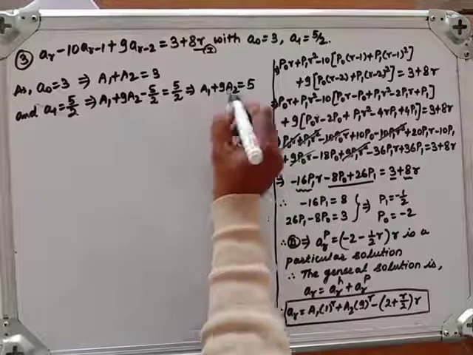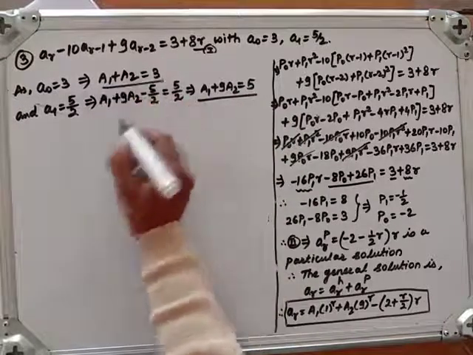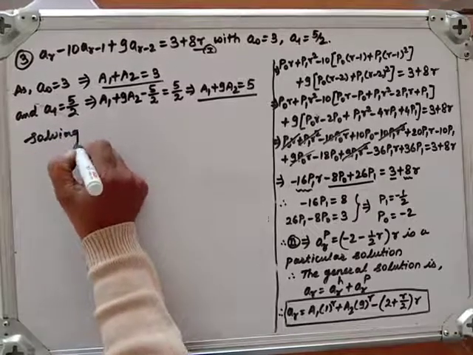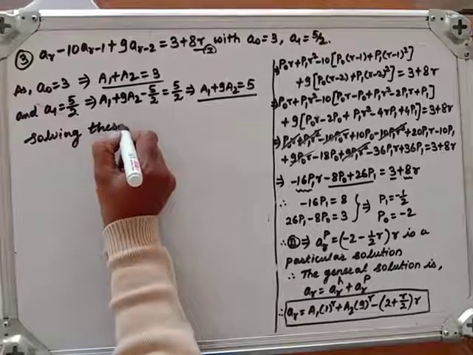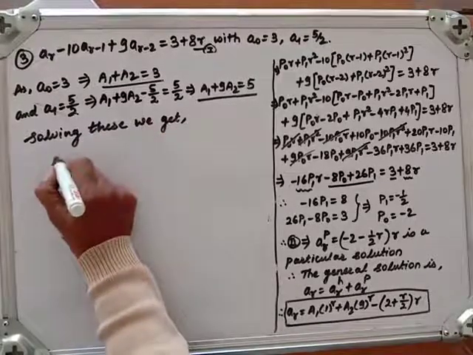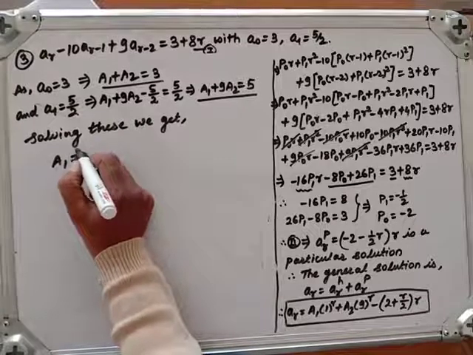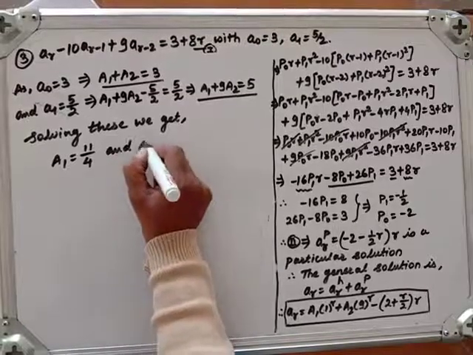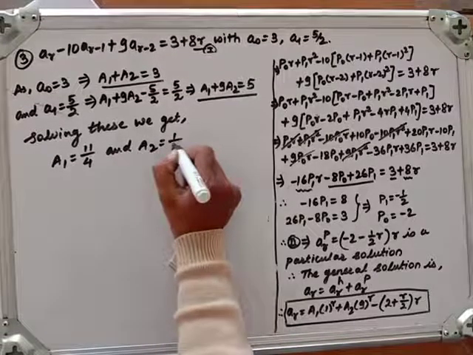Take this one up to this side. Now this and this equation we have to solve. Solving these, we get A1 equal to 11 by 4 and A2 equal to 1 by 4.